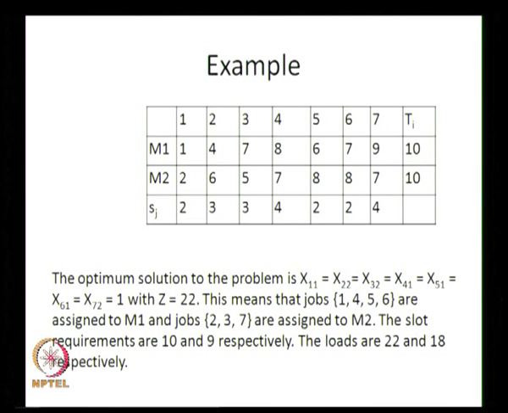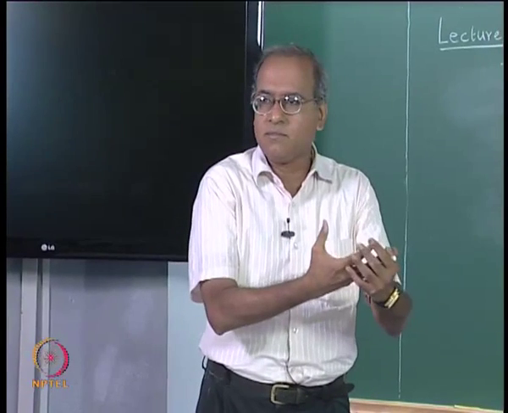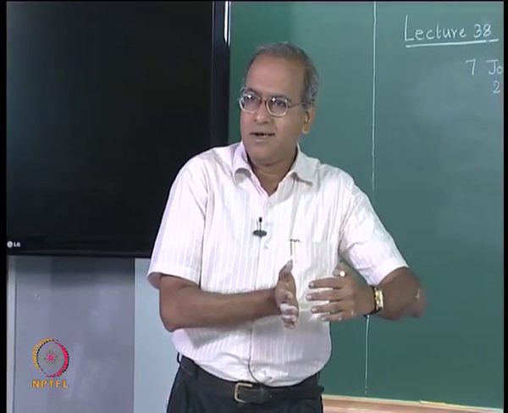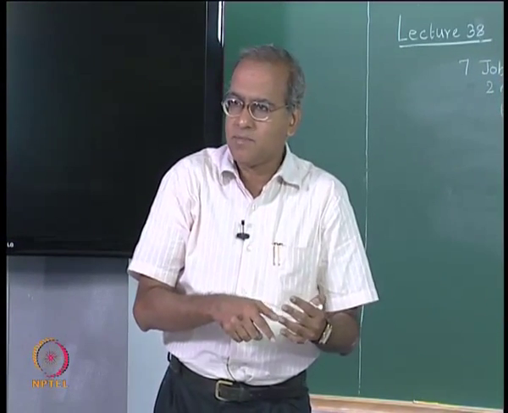When these 4 jobs are allocated to the first machine, the 10 tools that are required are fixed on the tool drum. So when the work begins, these 4 jobs are taken one at a time, the tools are all available, and in one batch they go to the first machine. Similarly, 4, 6 and 7 go as one batch to the second machine, and all of them can come out once the entire processing is over.